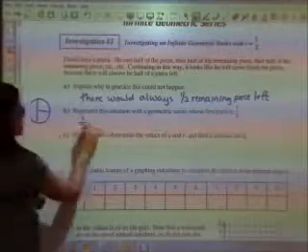If he eats half of the next slice, what fraction of the pizza would that have actually been? So he's got his pizza, he's eaten half of it, and then he eats half of the remaining piece. That would be a quarter. So he's eaten this, he's eaten this.